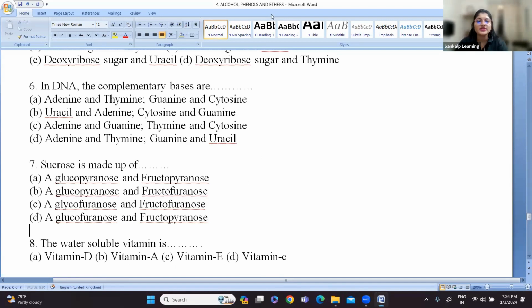What is sucrose? Sucrose is a naturally produced sugar from plants, composed of one molecule of glucose and one molecule of fructose.